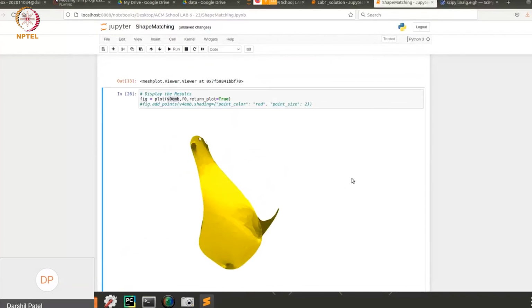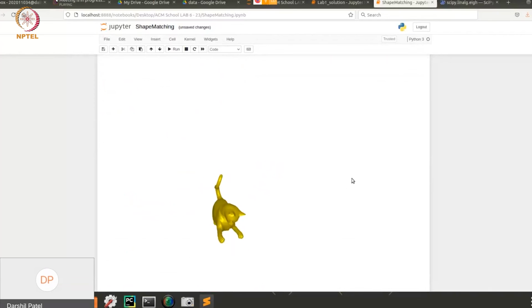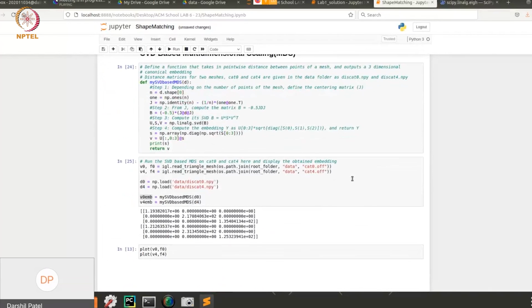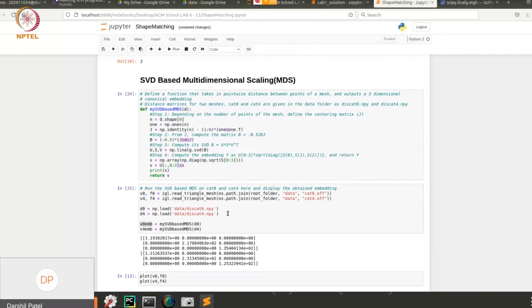Scroll up. This @ is something I'm not very familiar with. It's just matrix multiplication, yes.